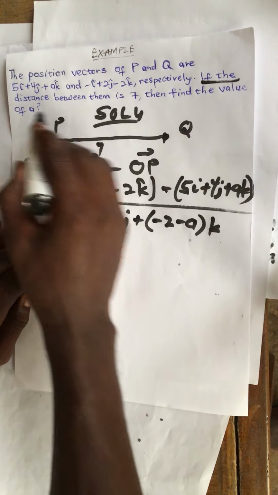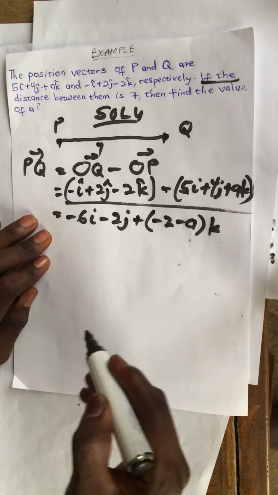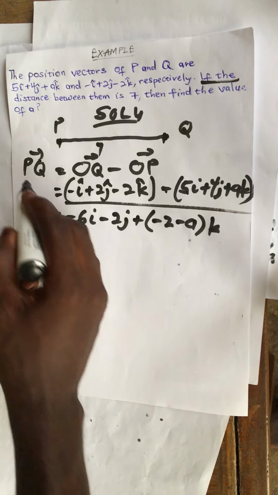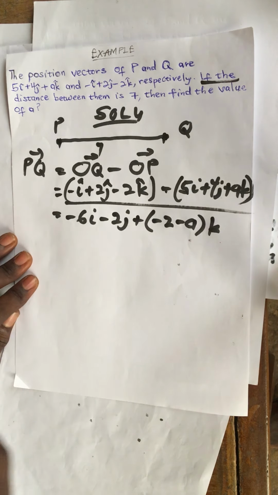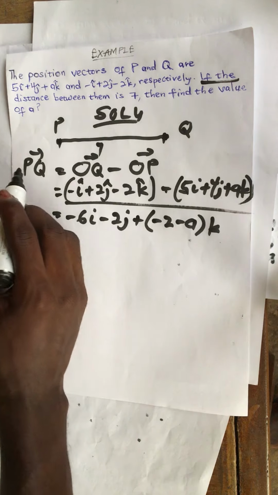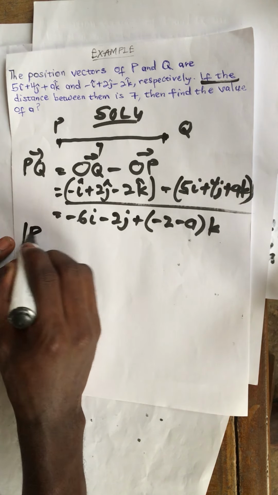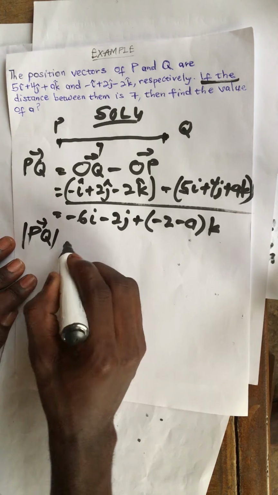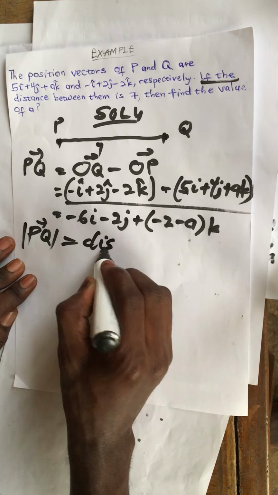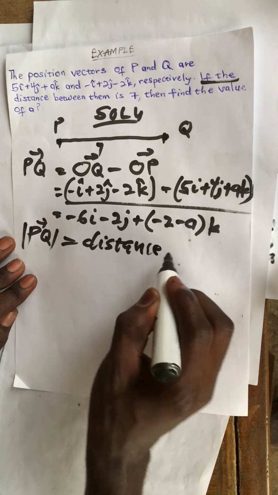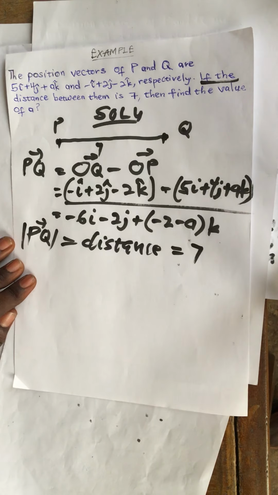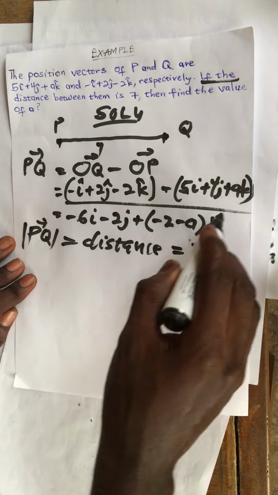Now, if the distance between them is 7, we are going to take the length of position vector PQ. That will give us the distance, which is 7. So we take the magnitude or the length of this.